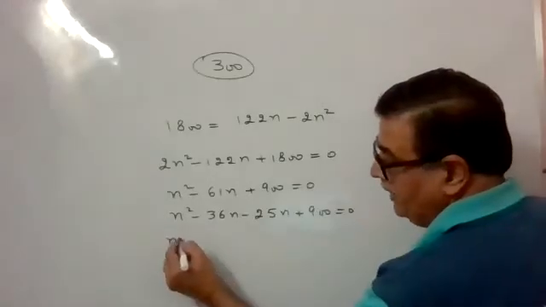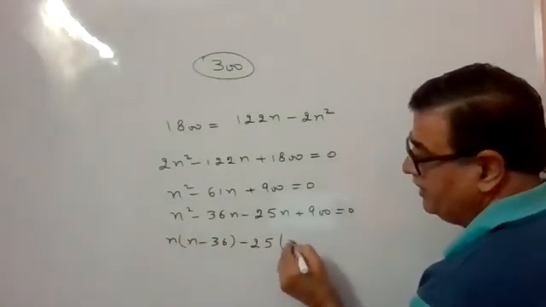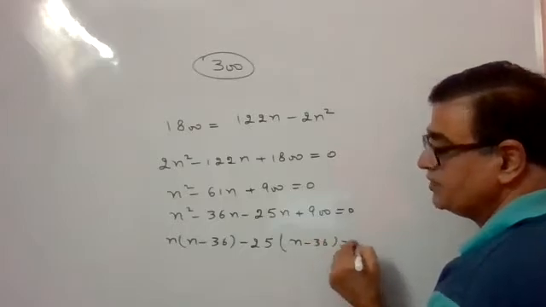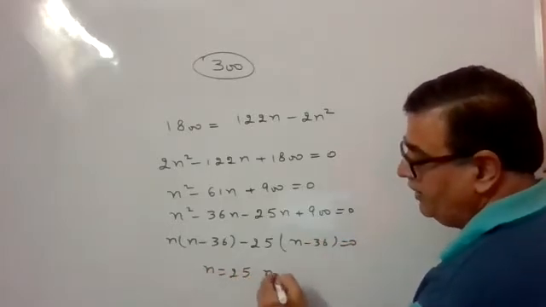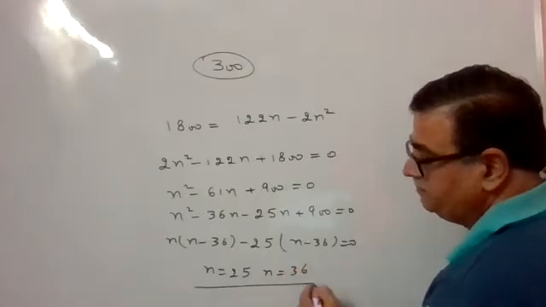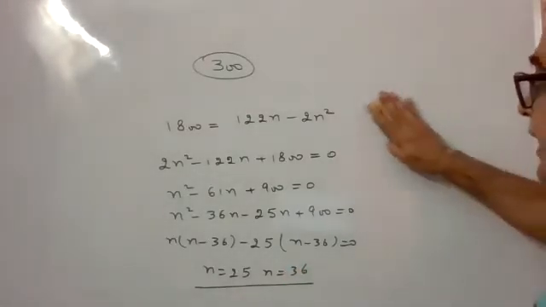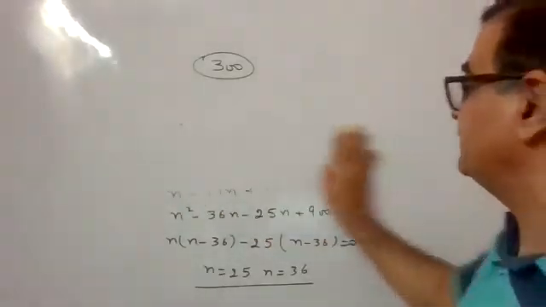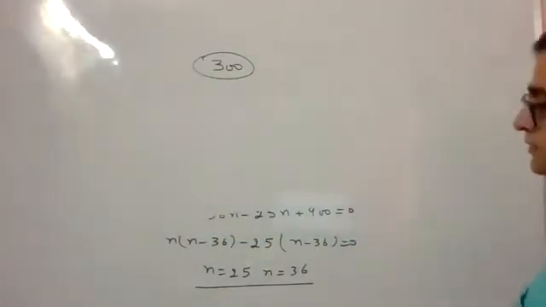Then when you solve it, n minus 36 minus 25, then n minus 36 is coming 0. So n is either 25 or n is coming 36. So either 25 terms you take or you take 36 terms, we have the same sum, 300.